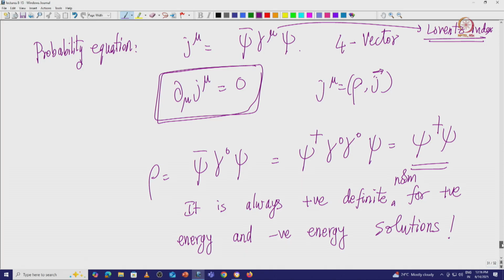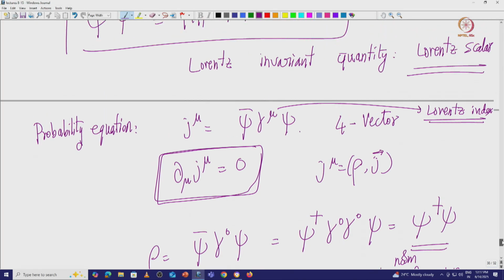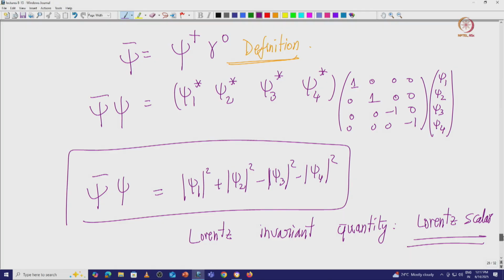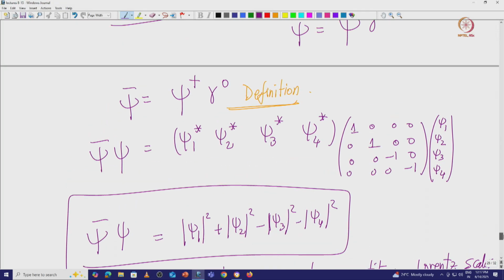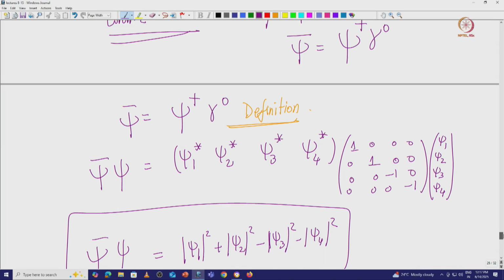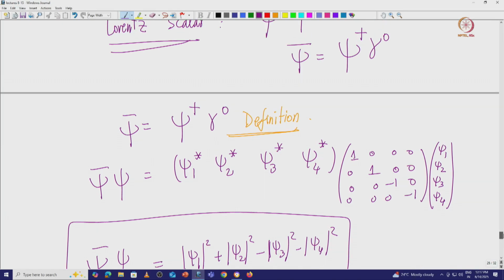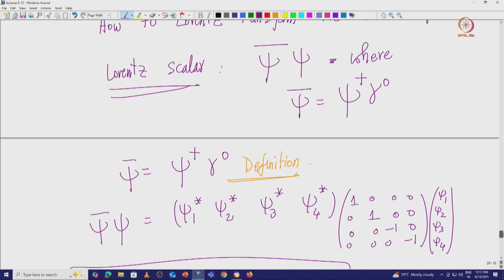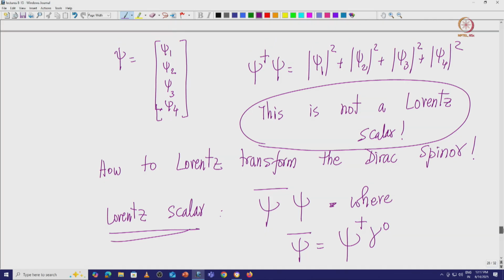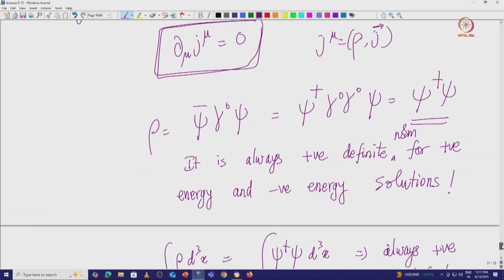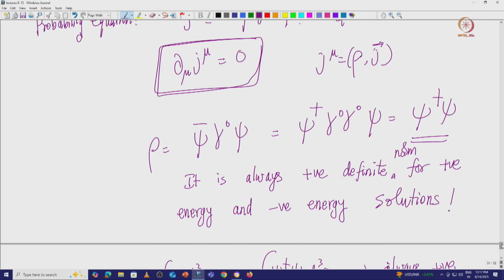Now why this is important is because of the gamma 0.